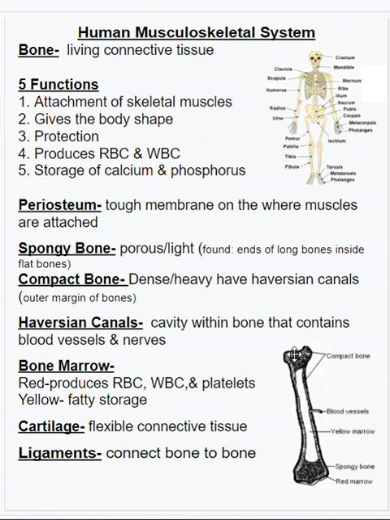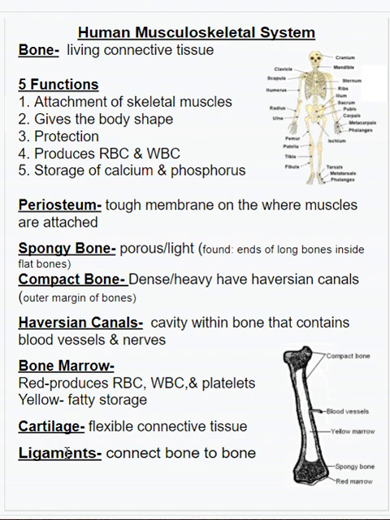And because your bones have nerves going through them, that would put pressure and cause a lot of discomfort. And cartilage is a nice, flexible, but strong coating that will cover those ends of the bones, and it's nice and smooth.